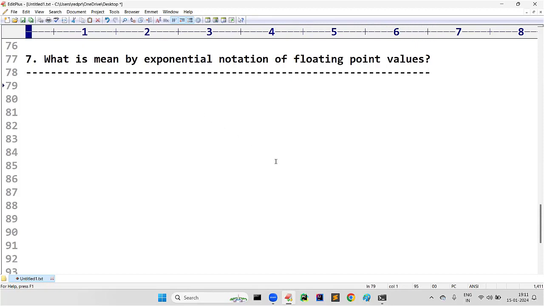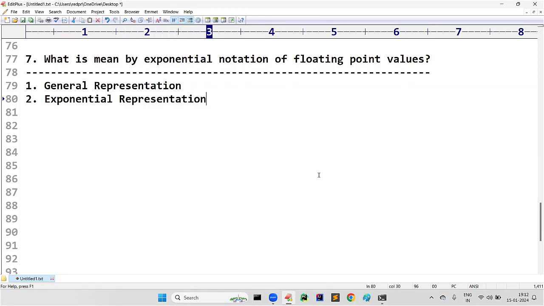There are two ways. One is the general representation, and the second one is scientific notation, also called exponential representation. We can represent these values by using exponential.